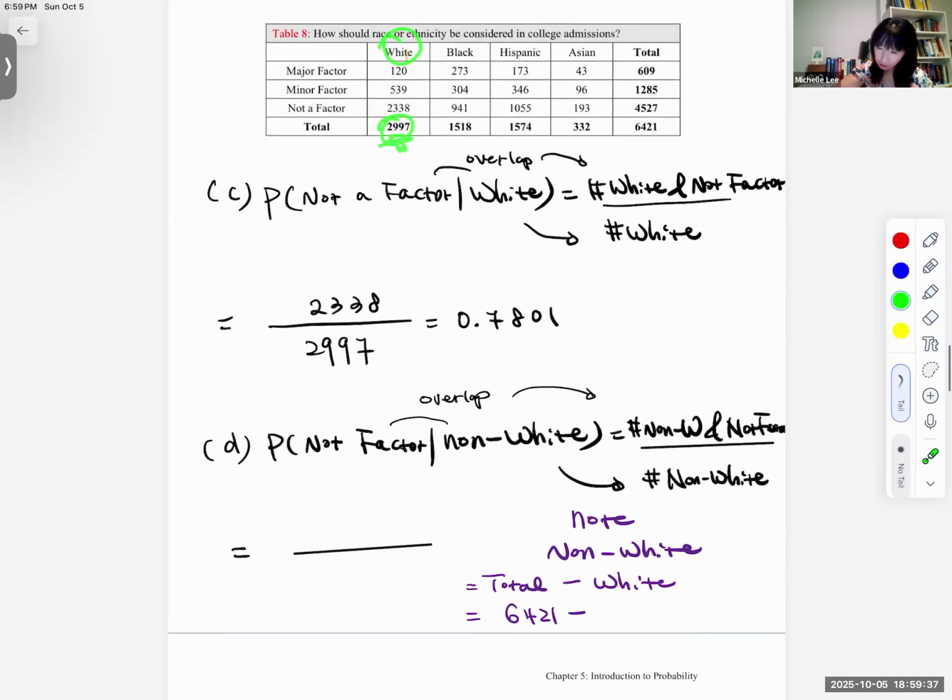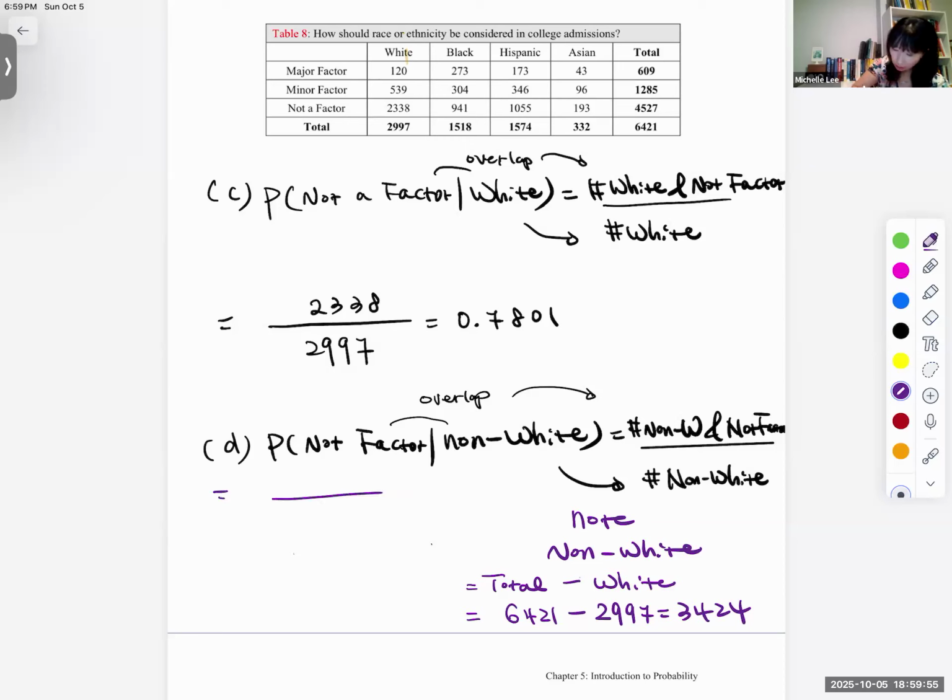So 997, then we get 3,424. Okay, so that will be, let me make it smaller, 3,424.